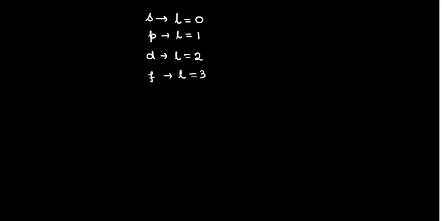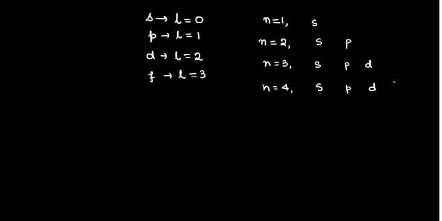If we consider n equal to 1, that means the K shell or the first shell, there is only one possible subshell, S. For the second shell, n equal to 2, there are 2 possible subshells, S and P. For the third shell, n equal to 3, there are 3 possible subshells, S, P and D. For the fourth shell, there are 4 possible subshells, S, P, D and F.